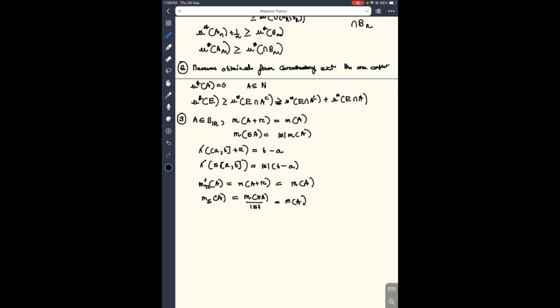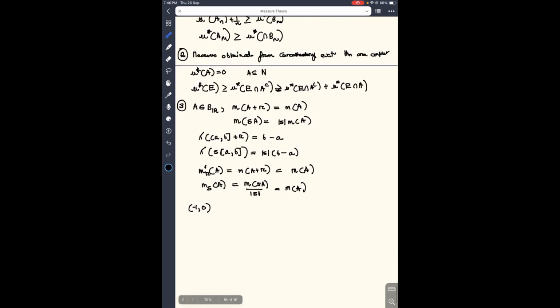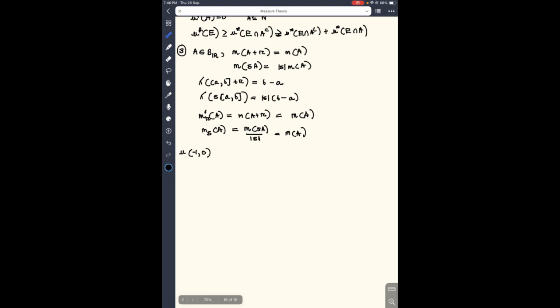Why? Take this Dirac measure that we constructed. Suppose we take the interval from -1 to 0. The measure of this is 0, right? Let's call this mu naught, the standard one.